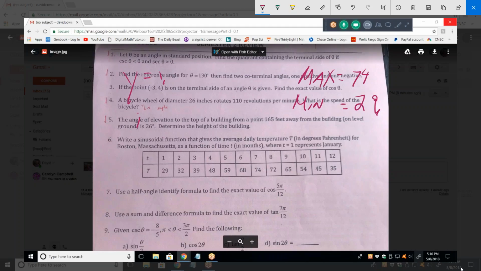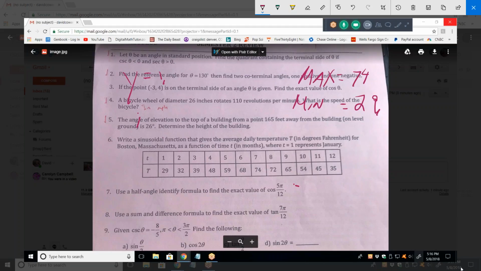Uh-huh. D, the vertical shift, is the max plus the min divided by 2. I got 22.5 for A. Okay. And for D, I got 52.